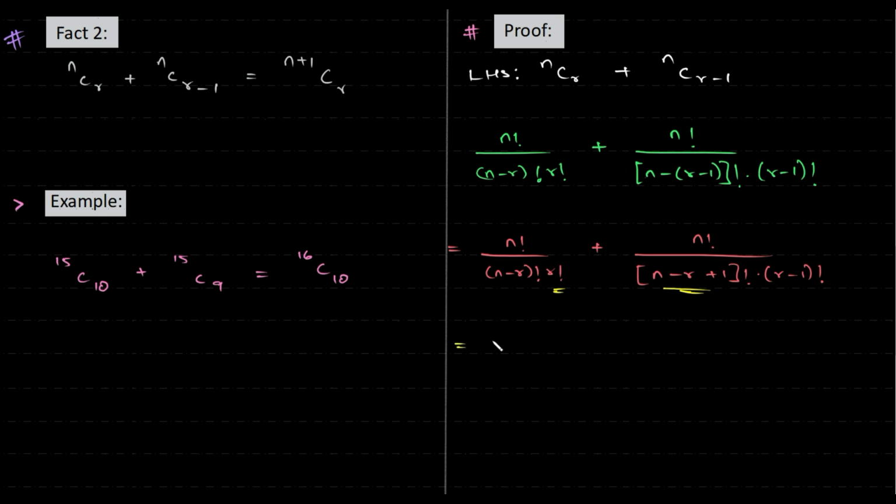In the numerator we have n factorial, that is common, so we'll not change anything over there. In the denominator, (n minus r) factorial will be common, while r factorial can be written as r into (r minus 1) factorial, right? That's how we can take it common, plus n factorial.